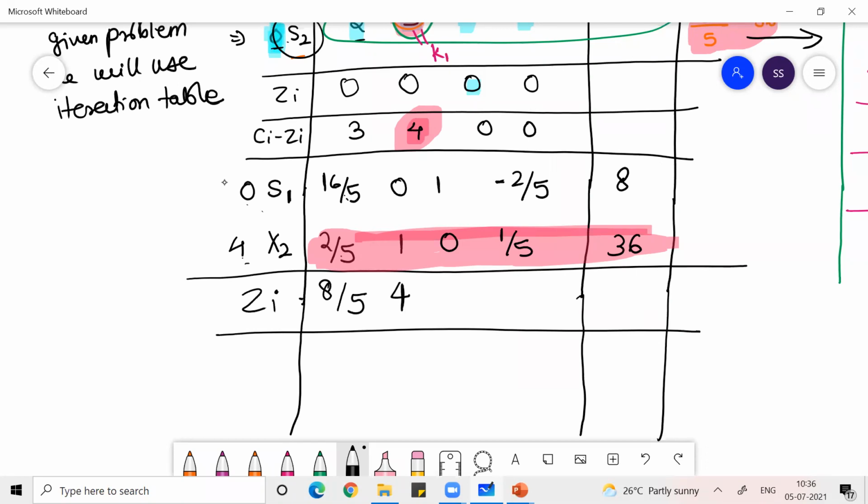Then 0 into 1 plus 4 into 0. This would be 0. Then this would be 0 into minus 2 by 5 plus 4 into 1 by 5. So this would be 4 by 5. Then 0 into 8 plus 4 into 36. That will be 144.